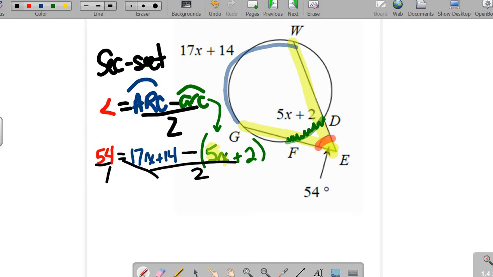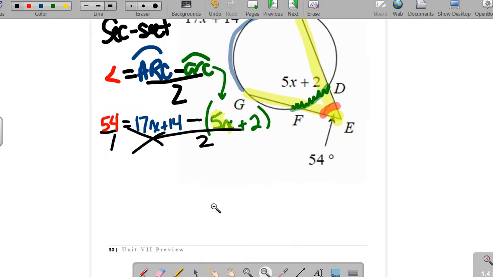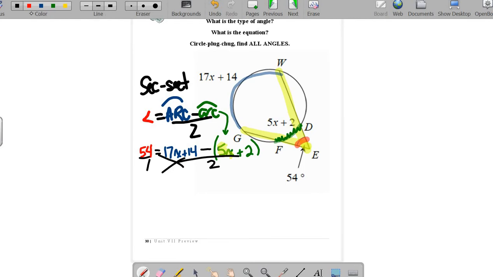Now we're going to cross multiply to solve for x. And I am getting on here, I'm going to have 17x plus 14. And very carefully, I'm going to distribute. That's negative 5x minus 2. And then that's 54 times 2.